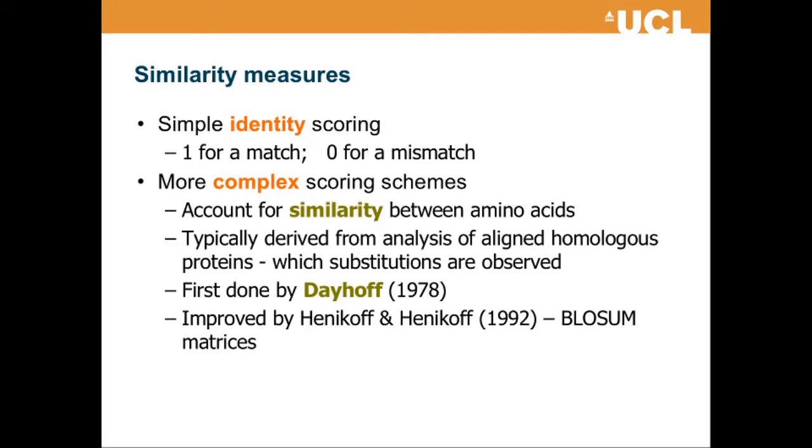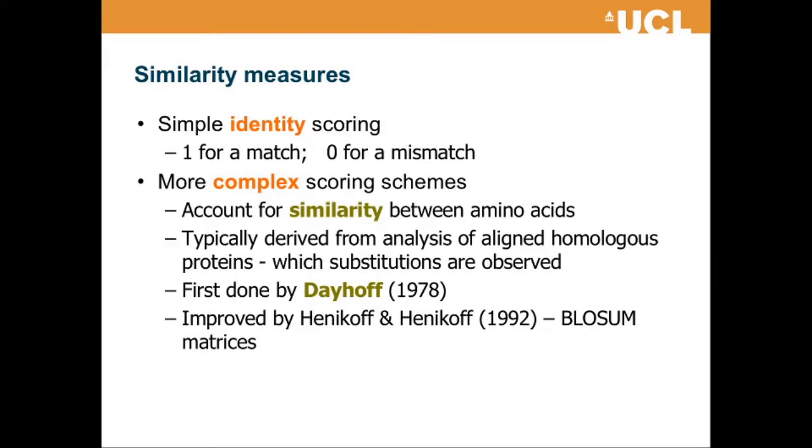Now, this was first done by Margaret Dayhoff in 1978, and that produced what's known as the Dayhoff mutation matrix, or PAM matrix. This type of thing was improved by Henikoff and Henikoff in 1992, and they derived the so-called Blossom matrices.